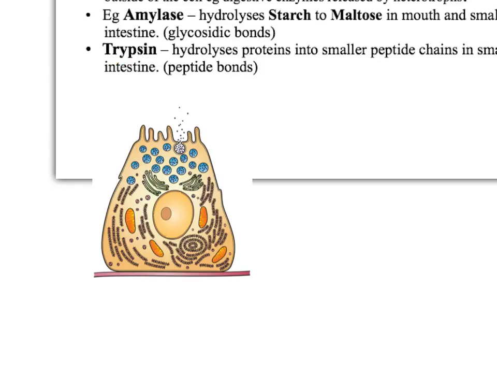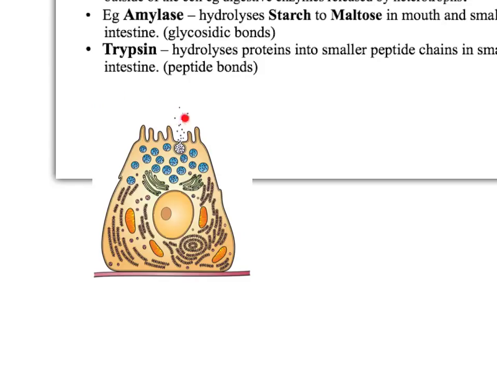Okay, so what happens is that enzyme is produced inside the cell, and it then is exported to a structure called the Golgi body, where it is modified and packaged, and then vesicles take it from the Golgi body, secretory vesicles take it to the cell surface membrane, where it's released into the outside world through a process called exocytosis. Okay, and then that releases it into some sort of duct, which then takes it to its site of action.